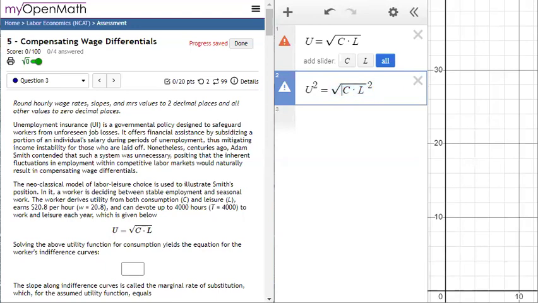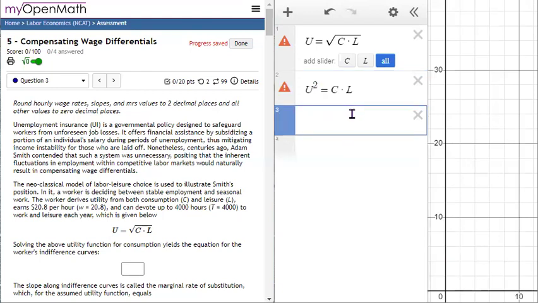So when you square a square root, you get whatever's under the root. Now, what I want to do is move the C times L to the left and the U squared to the right. Which I did here, right?